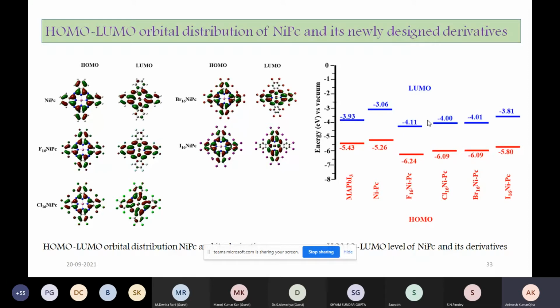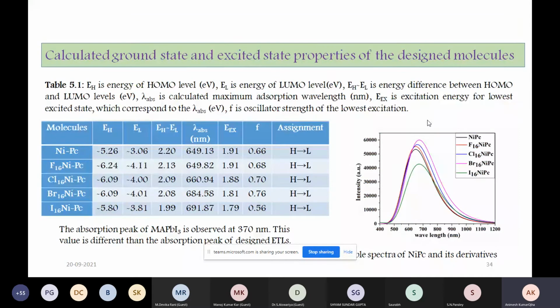But then we have to check other properties like optical properties and the electron transport ability of these designed electron transport molecules.